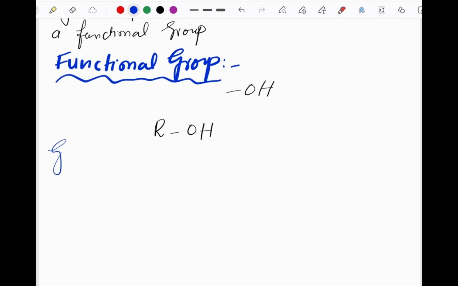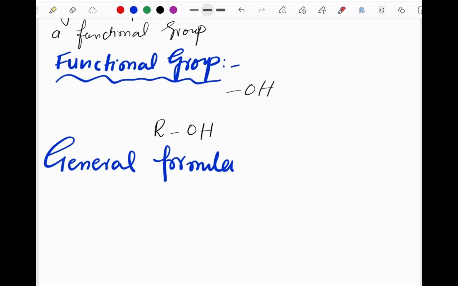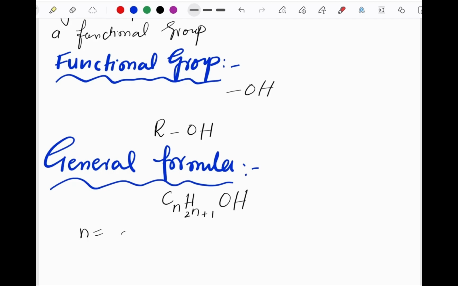So look at the general formula. General formula of the alcohol is CnH2n+1OH, where n is the number of carbon atoms.